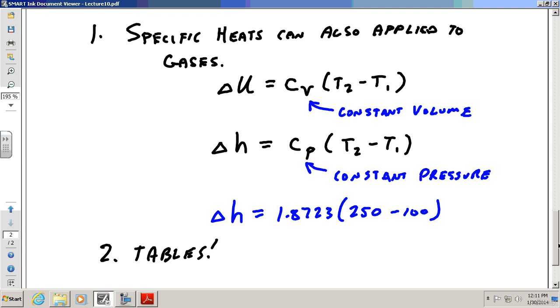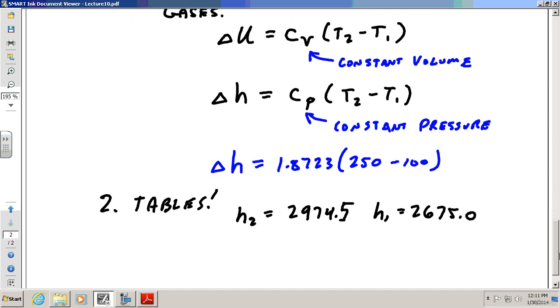And in this case, you could find the H2 as equal to 2974.5. And H1 is equal to 2675.0. And you'll find that in both cases, the change in H is about the same. They're pretty close, whether you use specific heats or whether you use tables.